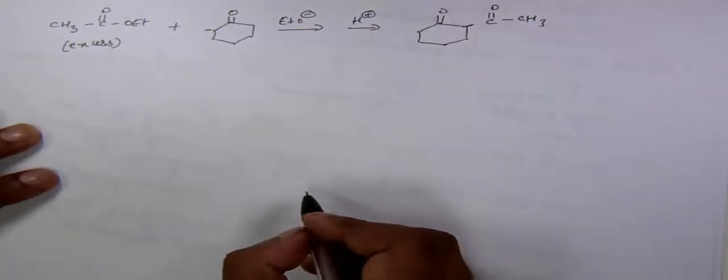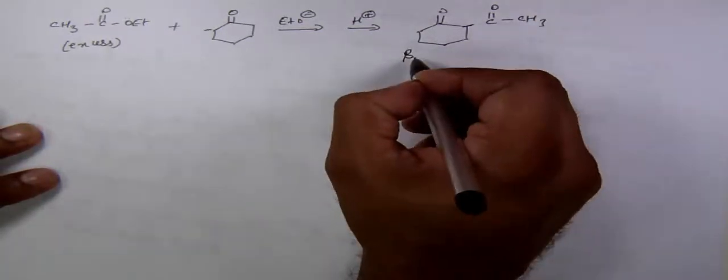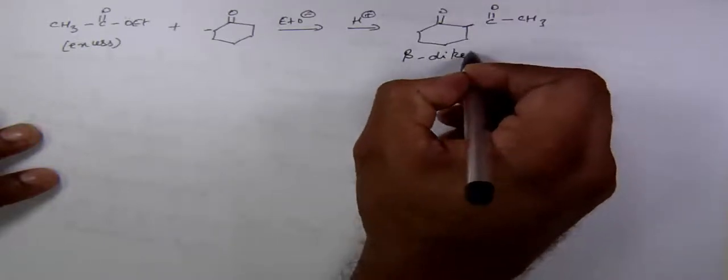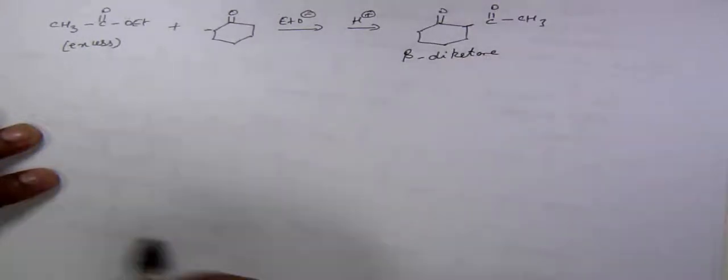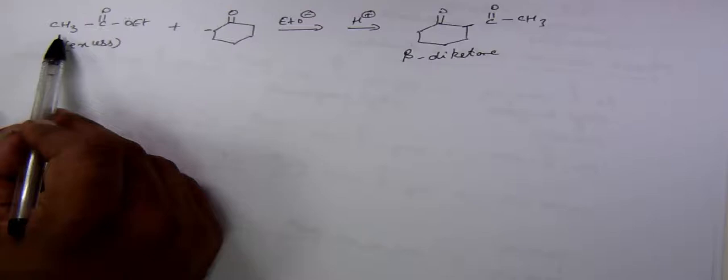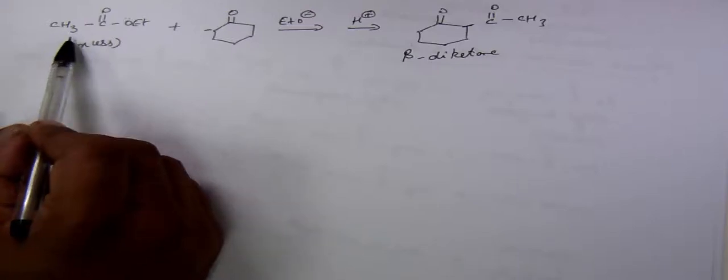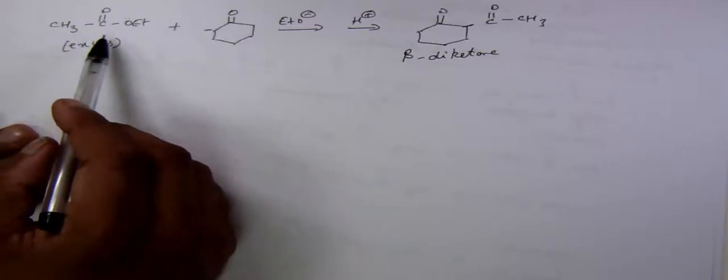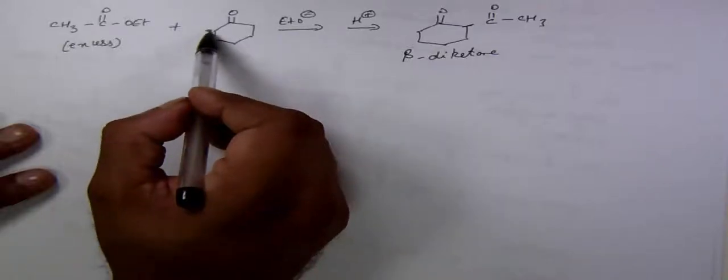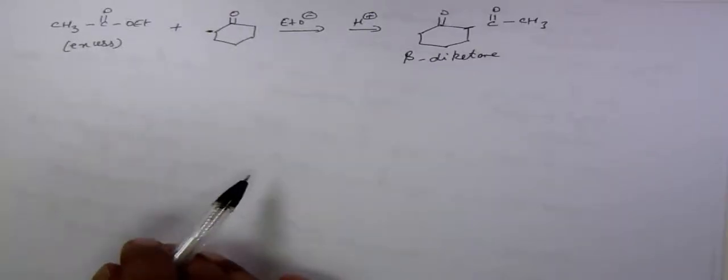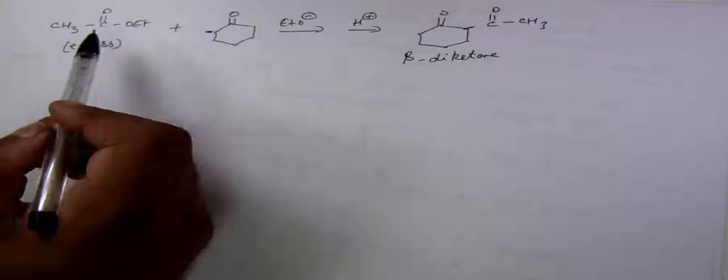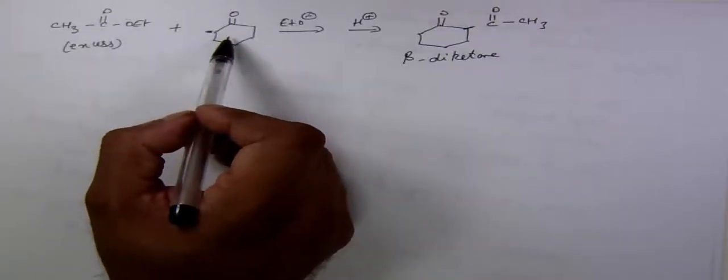This is a beta diketone. Of course one could feel that the minus could form here and this could attack here, but the chance of that happening is low because this hydrogen is more acidic, and I've already taken this in excess to ensure that I don't get the self reaction of this.